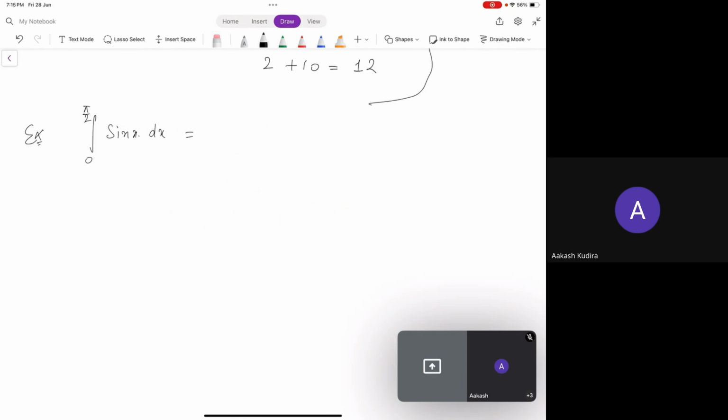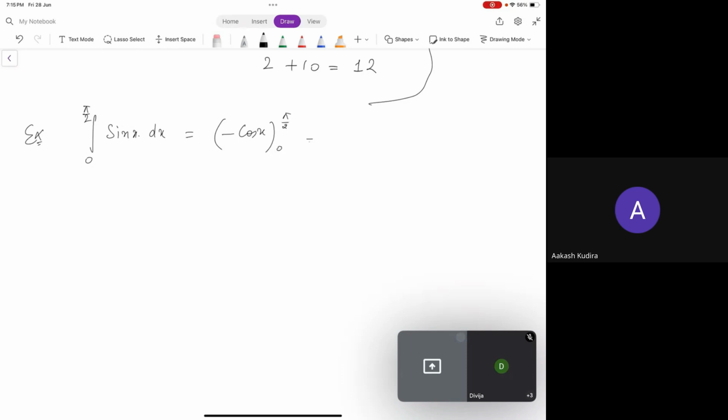Now there are two kinds of people. One will solve this question using integration. They will simply do integration. Integration of sin x is, tell me, minus cos x, with limits from 0 to pi by 2.